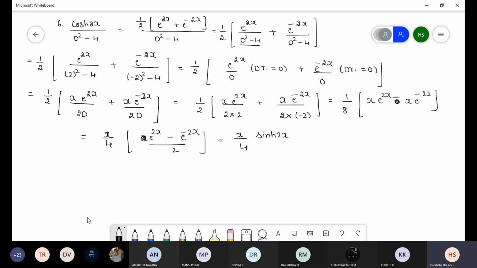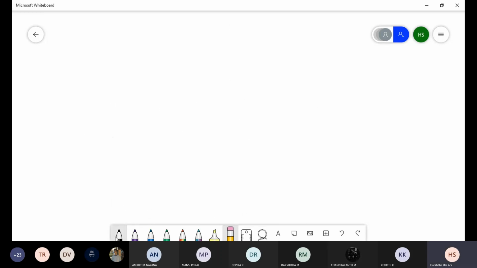Non-homogeneous means on the right side they will give a phi of x value. So let us see the first problem in type 1. Type 1 means it will be in the form e power ax, or cos hyperbolic, which we all know is e power x plus e power minus x divided by 2. Sin hyperbolic x means e power x minus e power minus x divided by 2.